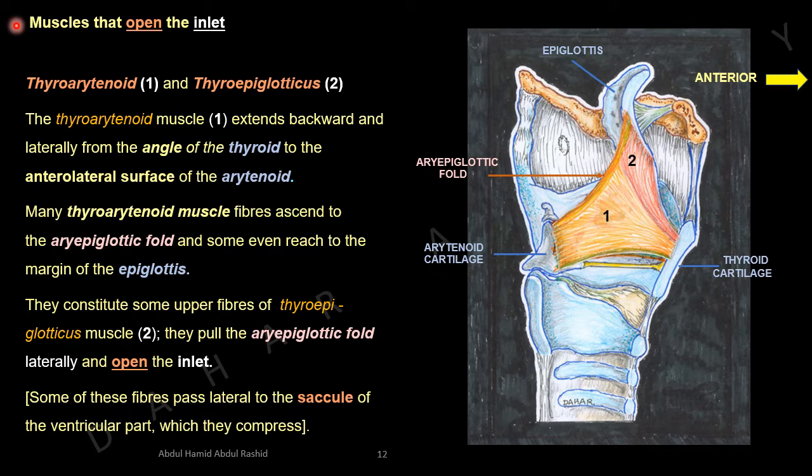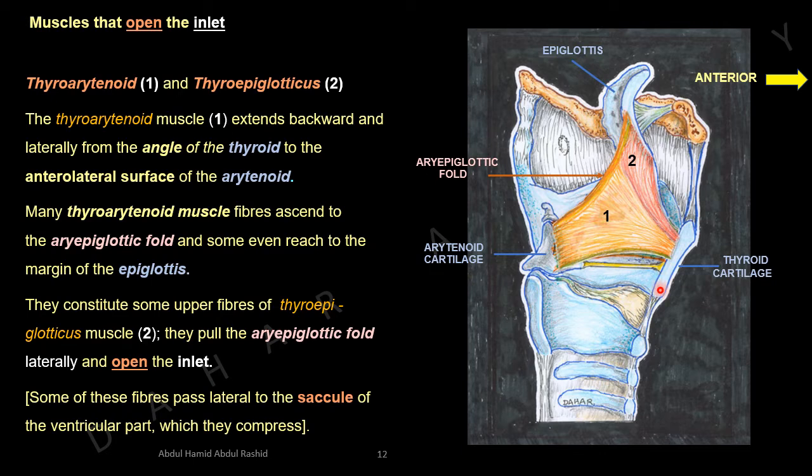Muscles that open the inlet. Let's see the diagram. This is anterior. This is the sagittal section. We are looking at the inner surface of the left wall of the larynx. This is the epiglottis. This is the thyroid cartilage. Here is anterior.